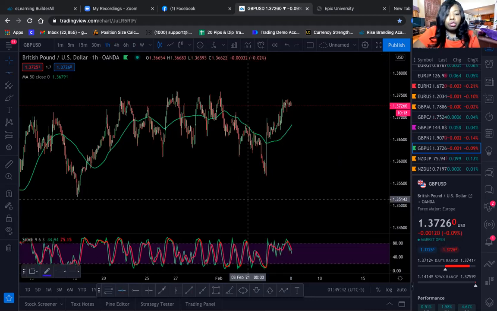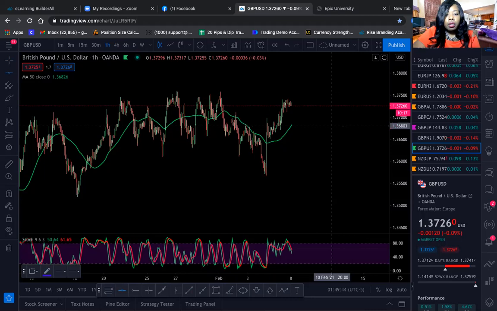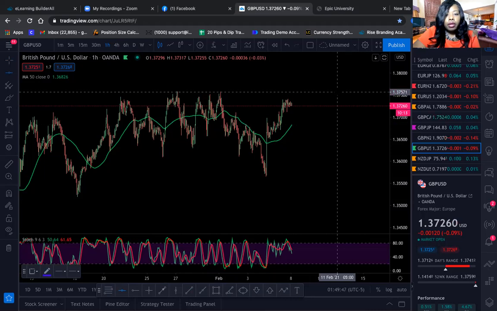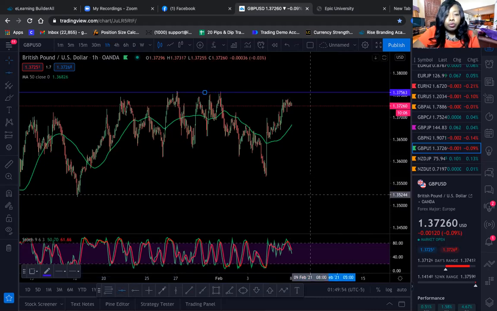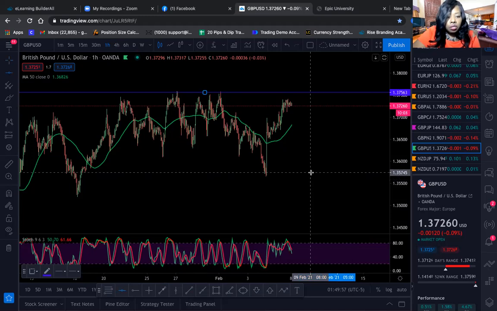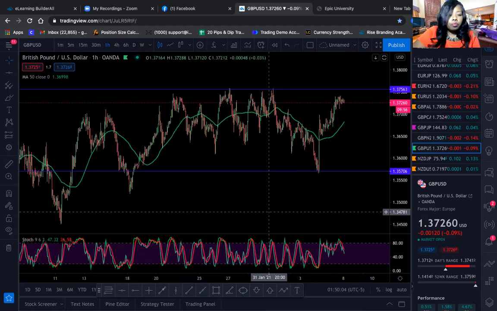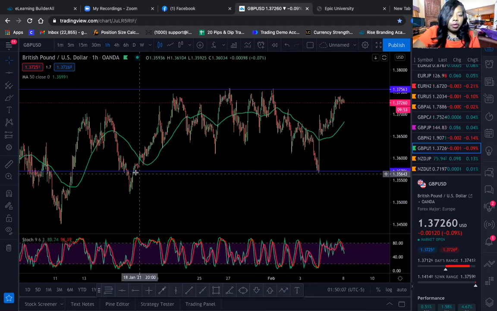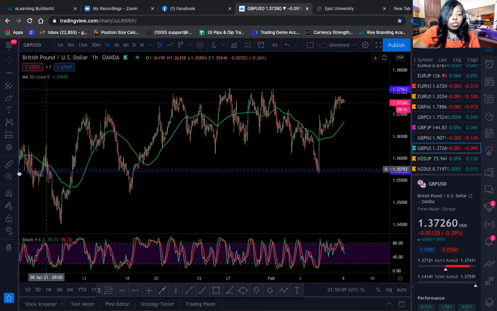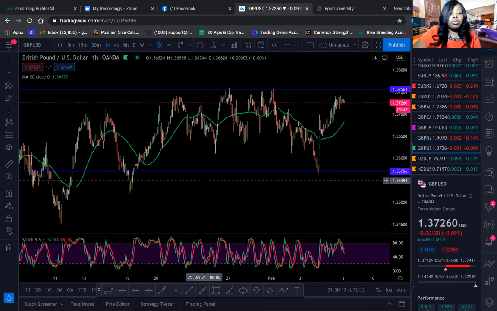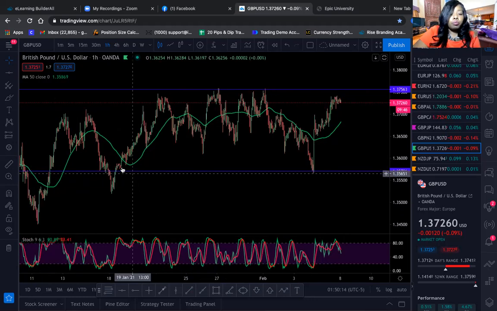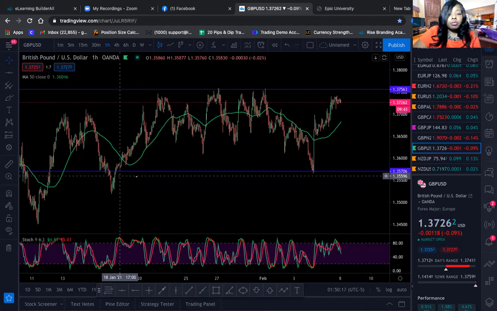So what I want to do now is grab another horizontal line that I can place on a more current time frame, which is the hour chart that we're on now. So as you see, we have some key levels of support and resistance here, okay? And this is a huge area here and here that this line is going through, where price not only was respected as support, but it was also respected as resistance.